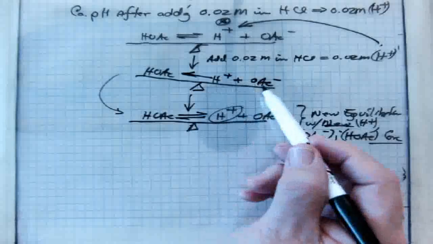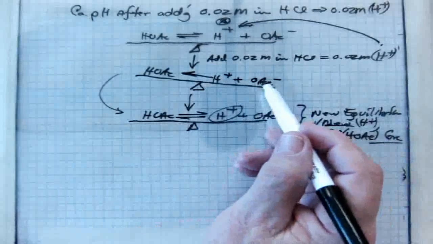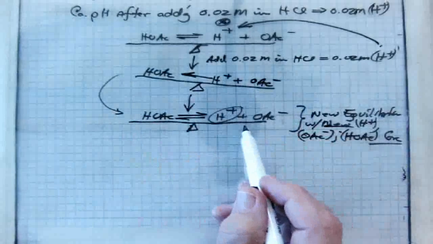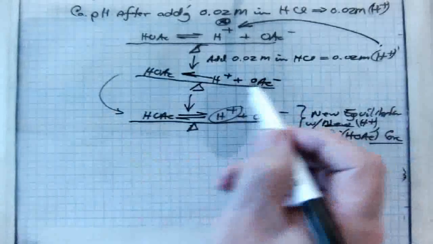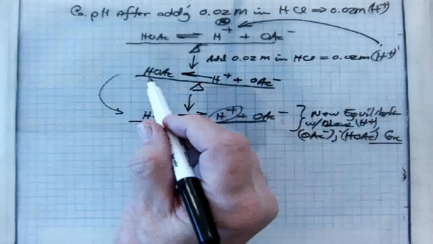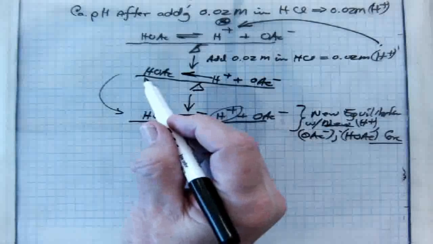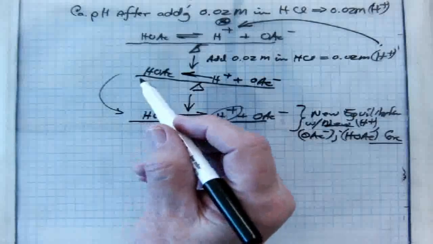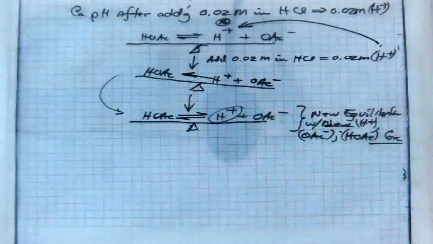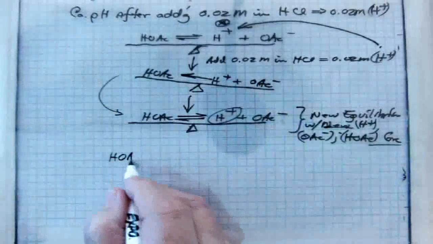Okay, so you apply new concentration values to the Ka expression. And as a result, you have the new hydronium ion concentration. So Ka is still hydronium products over reactants over HOAc.